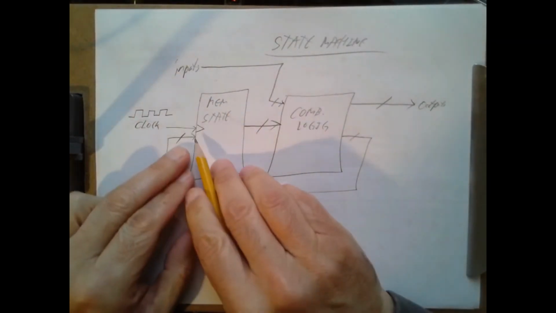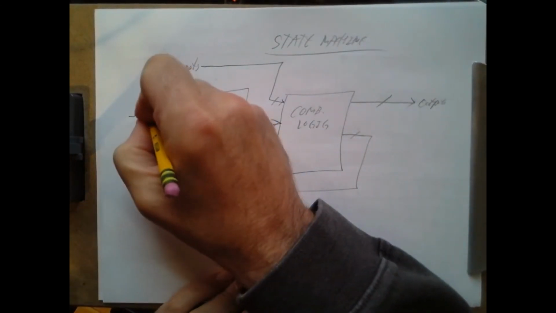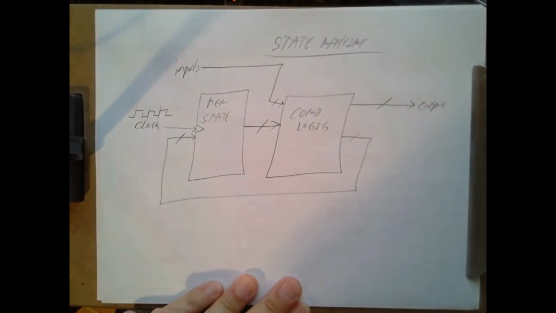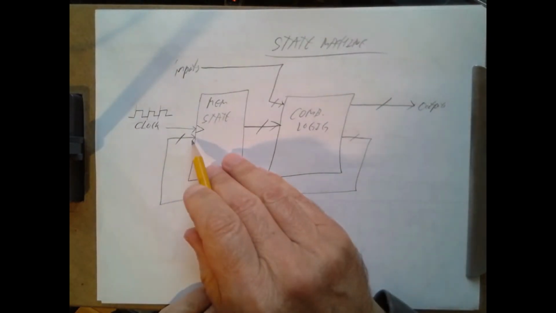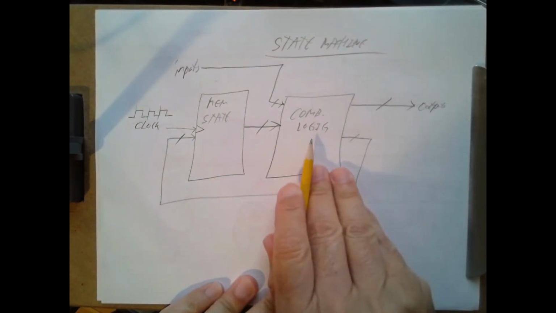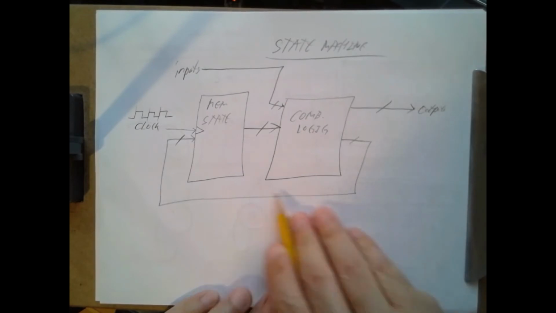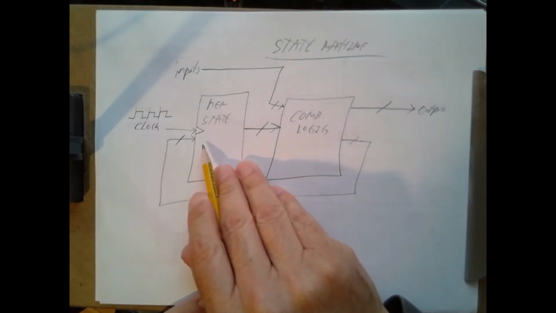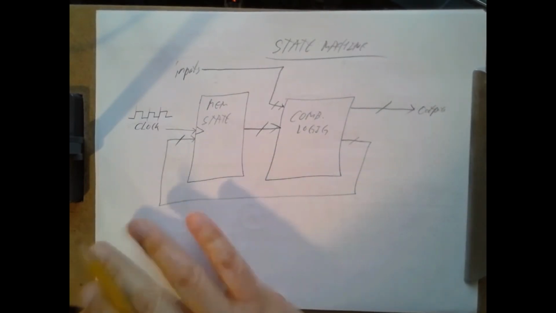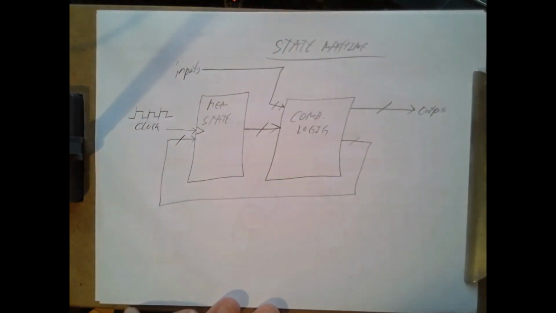And each time that it ticks, if these are positive edge-triggered flip-flops, then on each of these positive transitions of the clock, the inputs affect the outputs of the flip-flops. Those feed the combinational logic. Combined with the input, it generates new outputs from the combinational logic going back into the inputs of the flip-flops. But those inputs don't have any effect until the next positive clock edge.